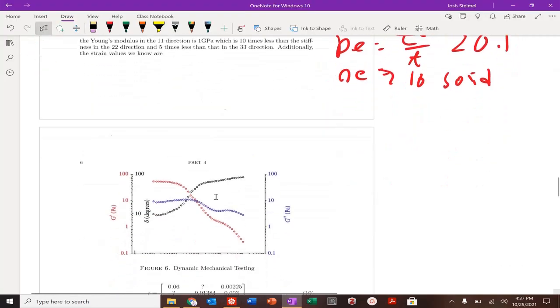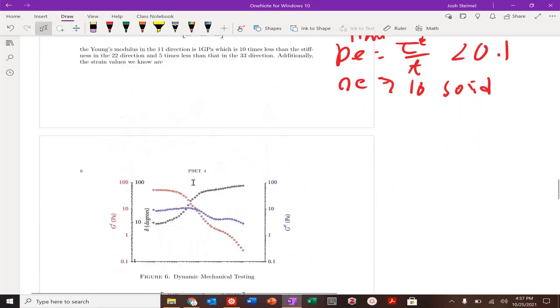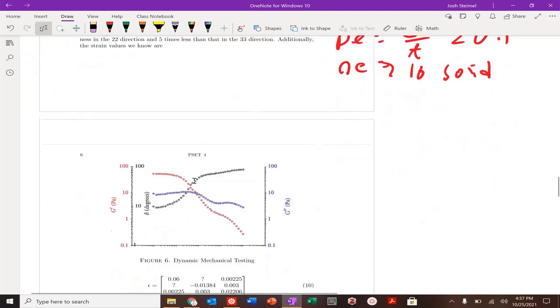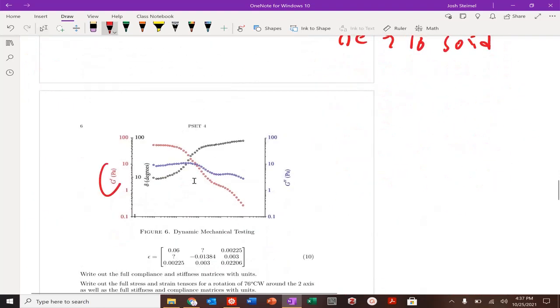So the first question is asking us, if we were to plot our x-axis in terms of frequency, times or temperature, what would it look like? Remember, this is our storage modulus, where if we cut off here, this is where we should be behaving elastic, and then this should be our viscous response.